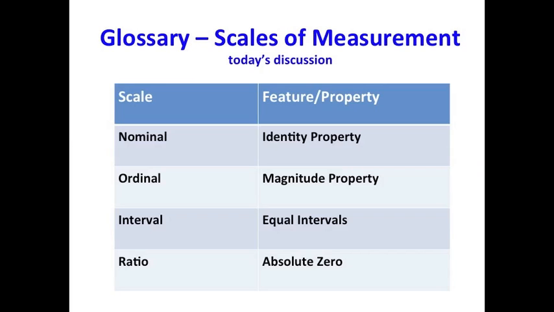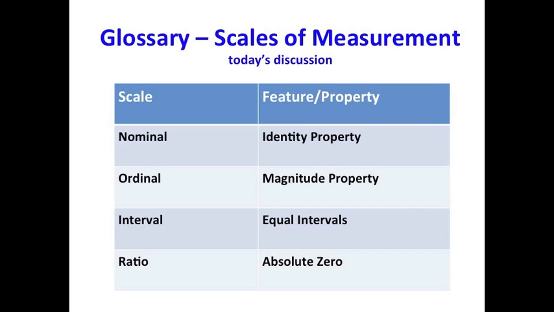So these are the scales of measurement. This is your glossary, if you will. Nominal scale really is simply how many occurrences are in this category, which is defined by an identity property. How many males versus females? How many apples versus oranges? How many cars versus SUVs? Those kinds of things.